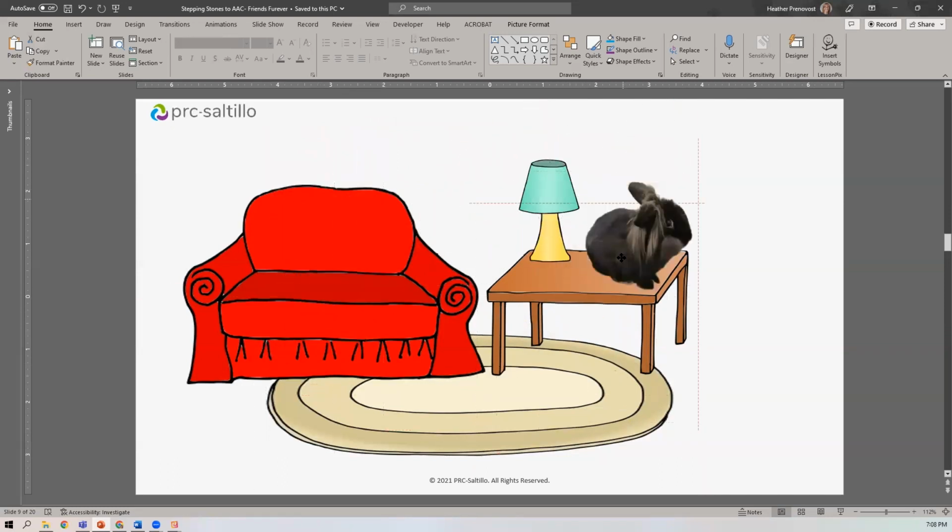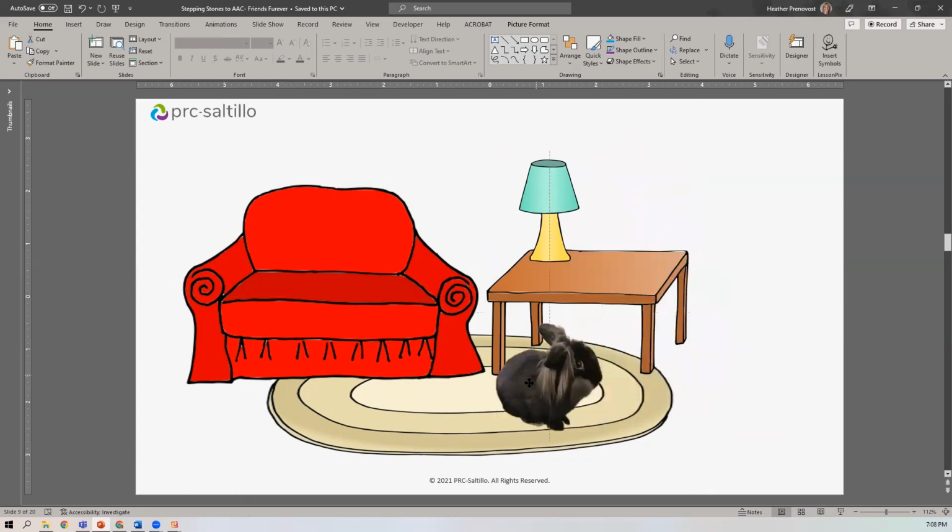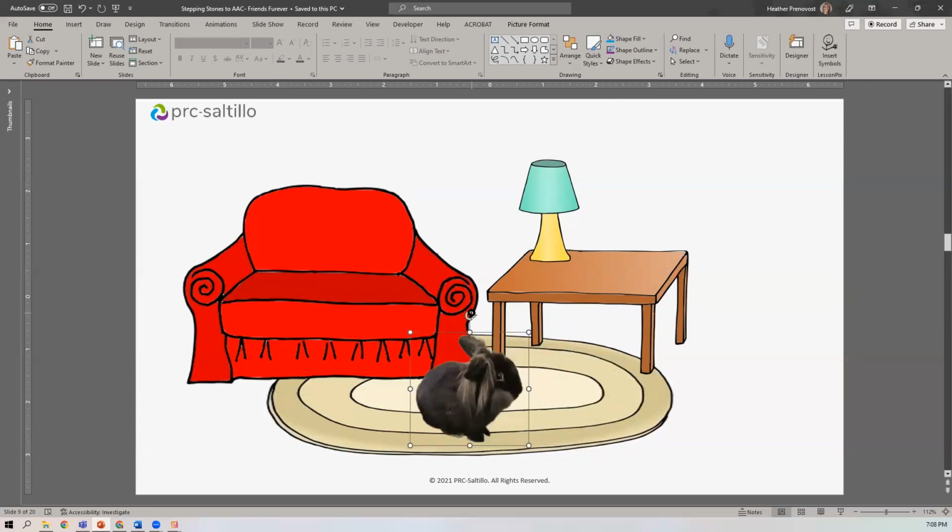Oh, he can jump on the table. Go, Attila, go. I don't think he's on the table. Where did he go? Maybe he can roll. I wish I could make him. Oh, I can make him roll, can I? He's going to roll on the rug.